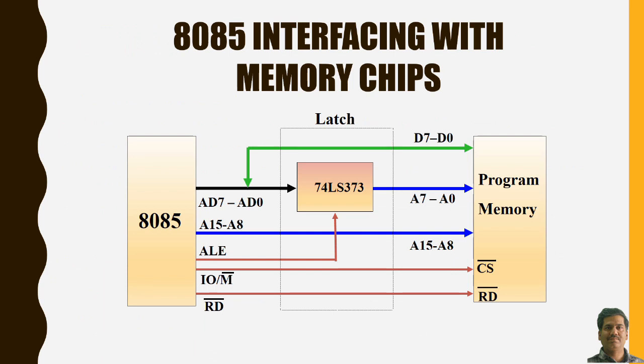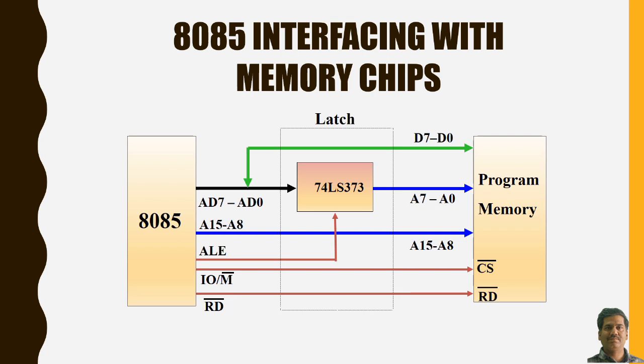So this is the typical structure of 8085 interfacing with the memory chip. In between we have shown the latch, so 8085 will always use this latch to demultiplex the higher and lower order address, and it is typically interfaced with the memory IC.